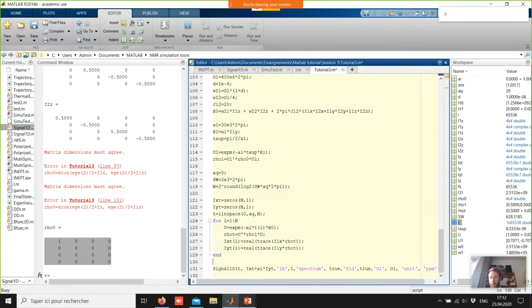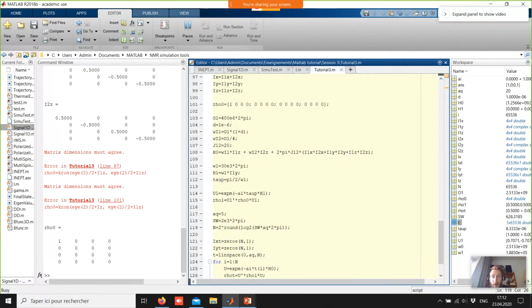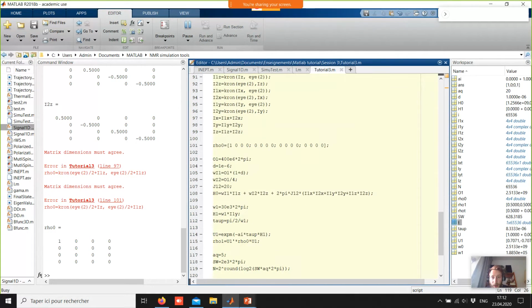It's slightly longer because we have much higher dimensions now. And if it is so long, it suggests that there's a mistake somewhere. Okay, let's have a look.